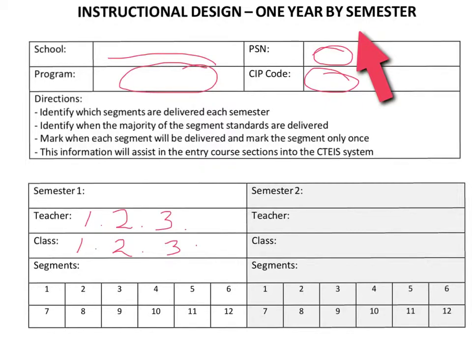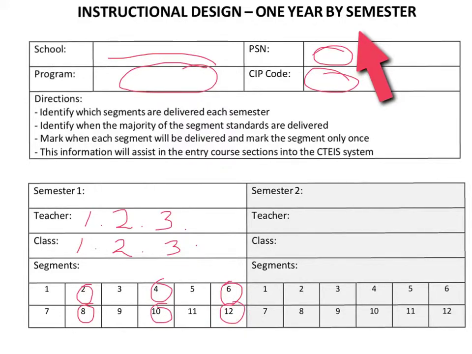And then the segments that were taught in that particular semester. So let's say it was segment 2 and 4 and 6 and 8 and 10 and 12 were taught the first semester.